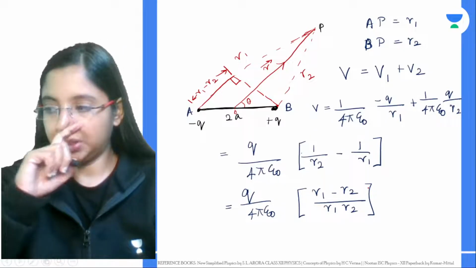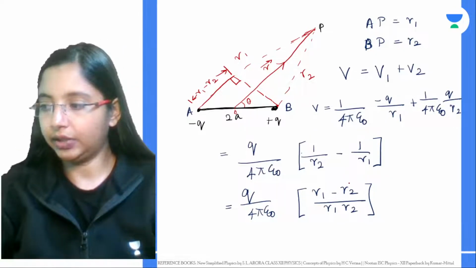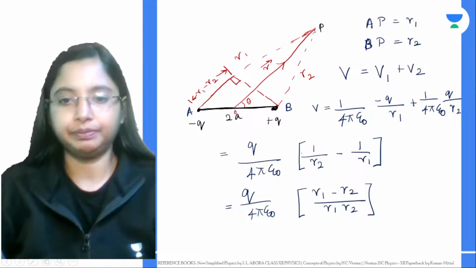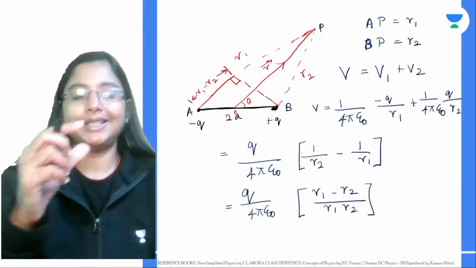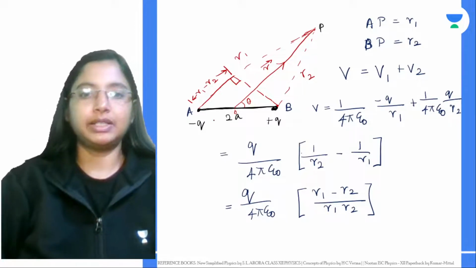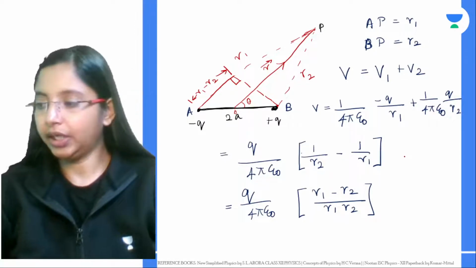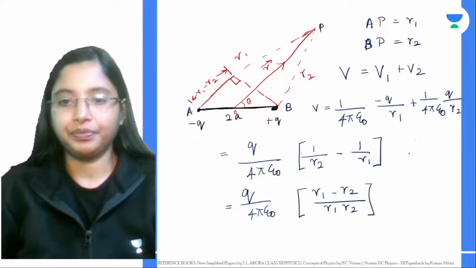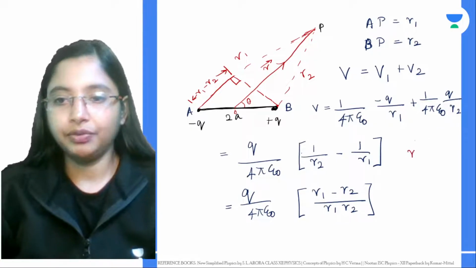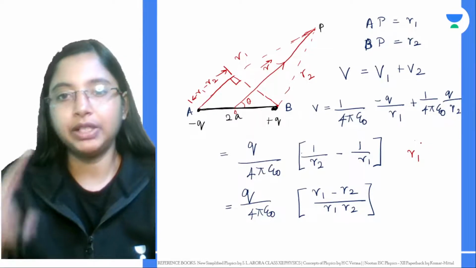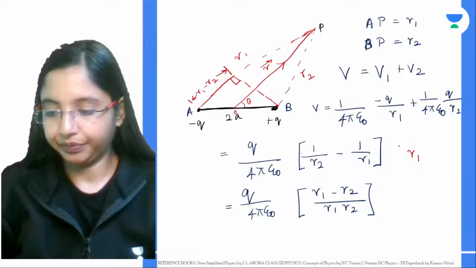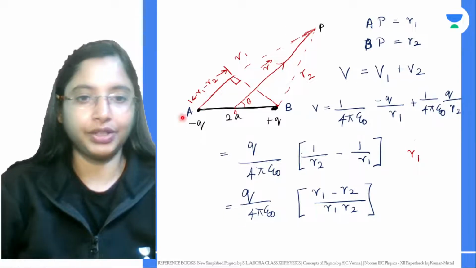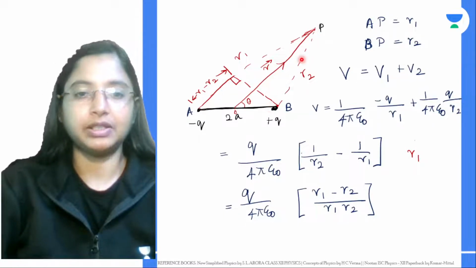Now let's say the point P is very far away. Then the R1 and R2 distances really don't matter, and we can say R1 and R2 are almost the same. If the point is very far away, the difference between these distances will be very small.